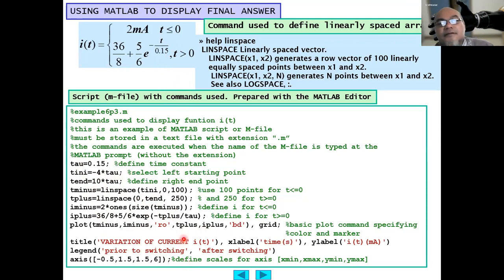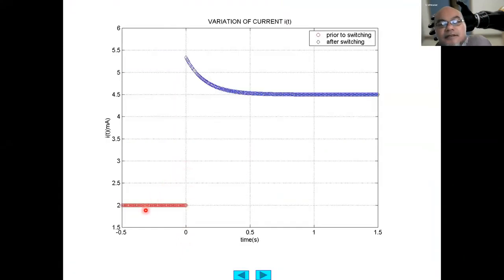Okay, so this is the result. Before t equals 0, at negative values, the current is 2 milliampere. Then after the switch is turned on, the current becomes like this.